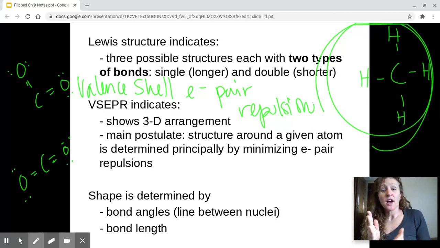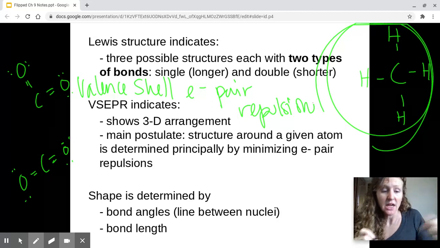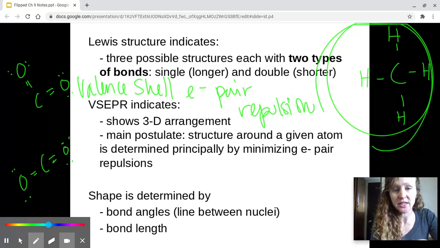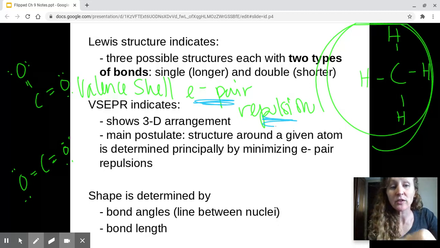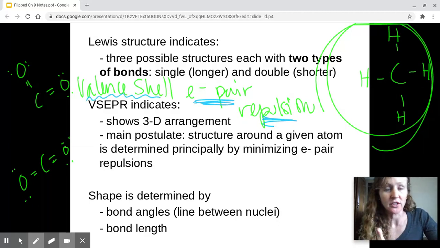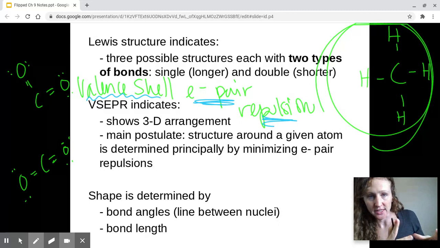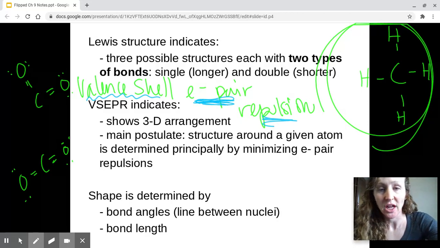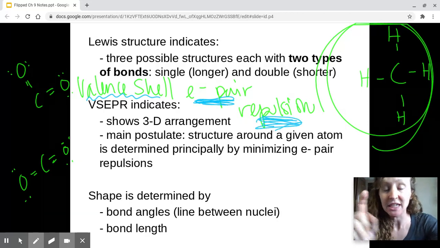The title of this model gives us an indication of what is the driving force behind the geometry, and the driving force behind the geometry is going to be electron pair repulsion. Electrons that we find in a valence shell, so we're not talking about core electrons here, we're talking about valence shell electrons. Those electron pairs inside the valence shell are going to repel each other.